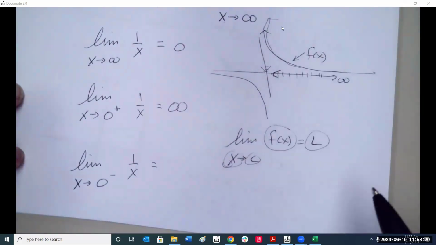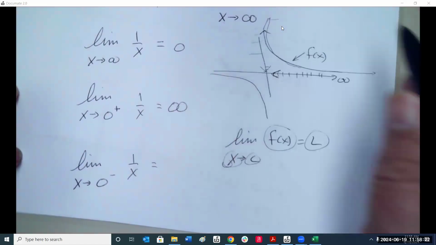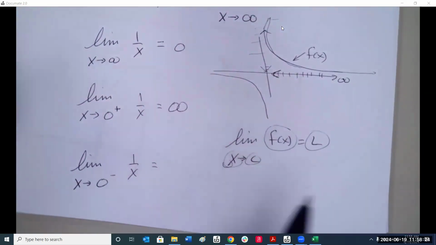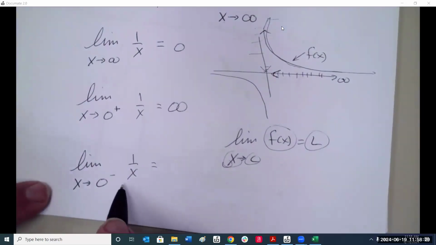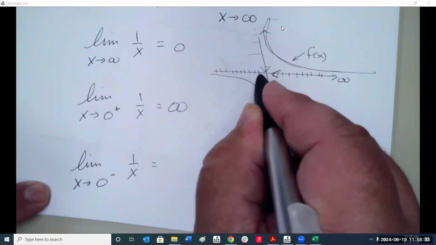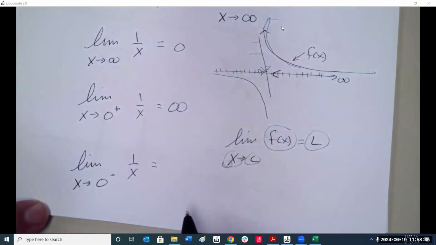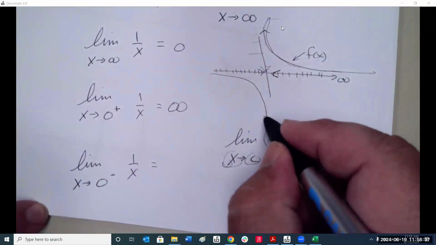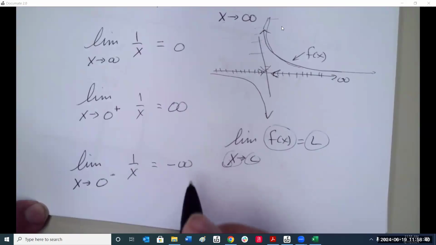Where is this function going? What y value is it approaching? The limits are always the y values. Now, as we come from the left, as x goes to 0 from the left, where is the function going? Negative infinity. Right.